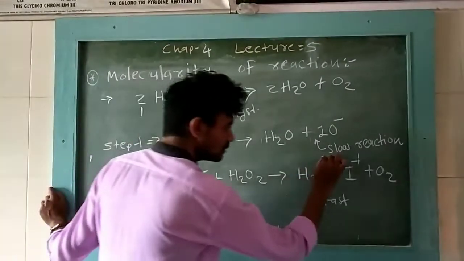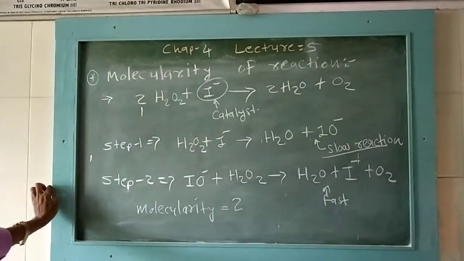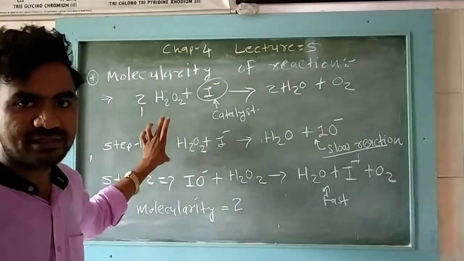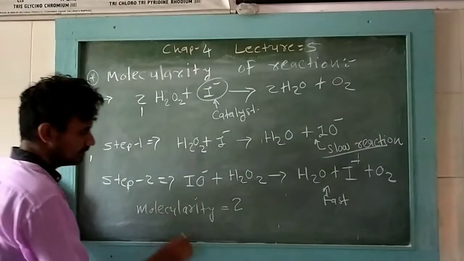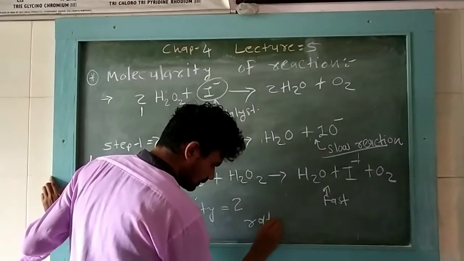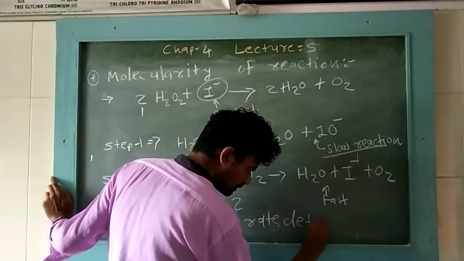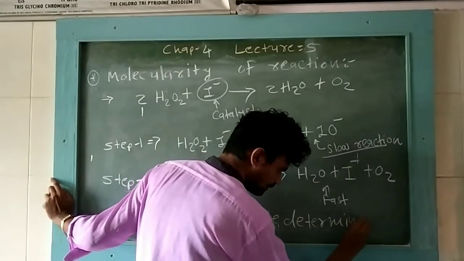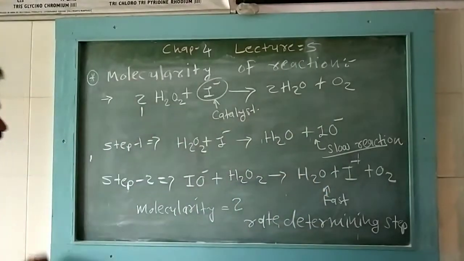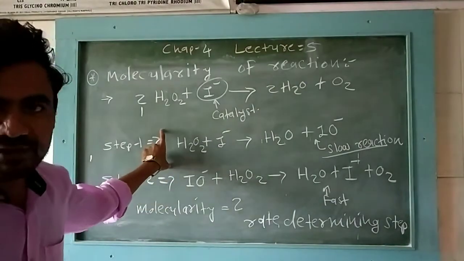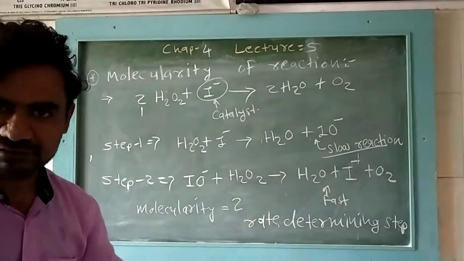This is the slow step reaction, as I told you, and this step is called the rate determining step. By this step you can determine the rate of the reaction also.